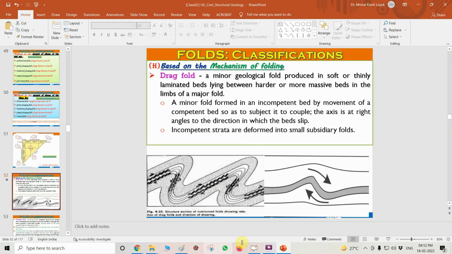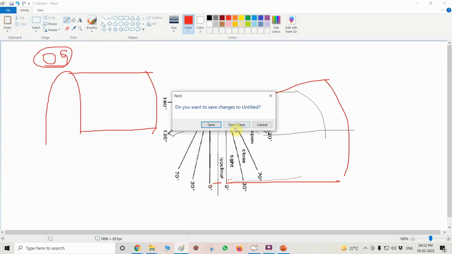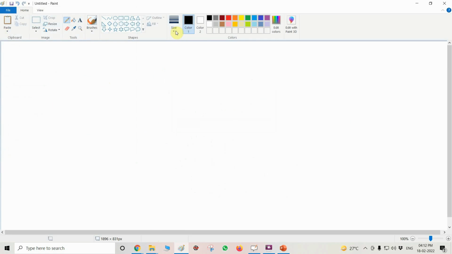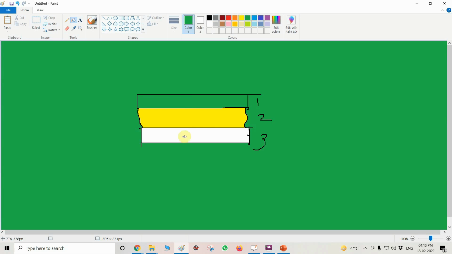To understand drag fold, let us consider there is a horizontal strata, and this is layer number 1, this is layer number 3, and this is our layer number 2. So this is 1, 2 and 3, and I am assuming layer 3 is incompetent compared to layer 1 and layer 2.